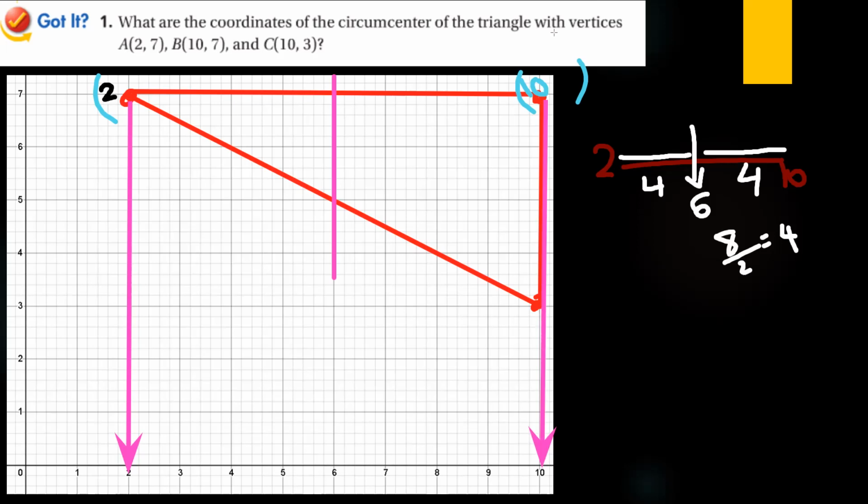So between 2 and 10, we have 8 steps. I need to cut them into two equal halves, so I need to go 4 steps: 1, 2, 3, and 4. So here will be the perpendicular side at point 6.